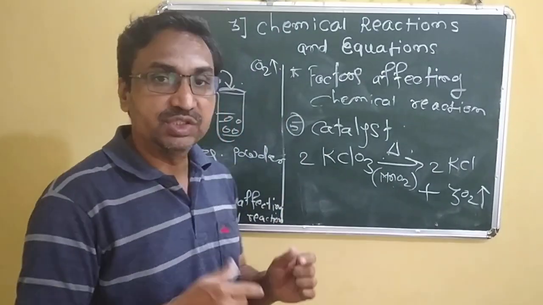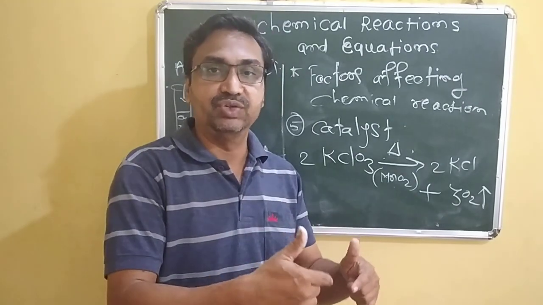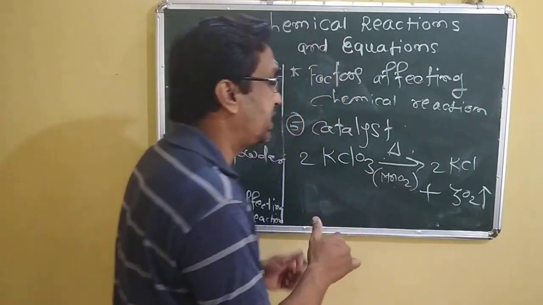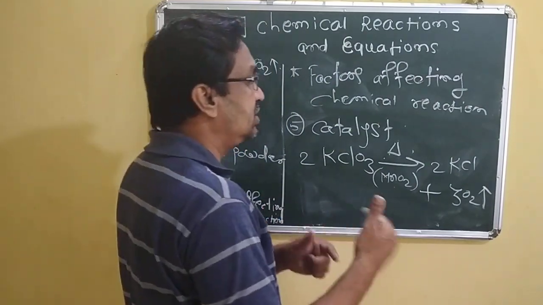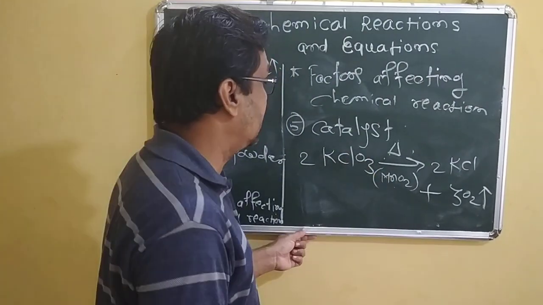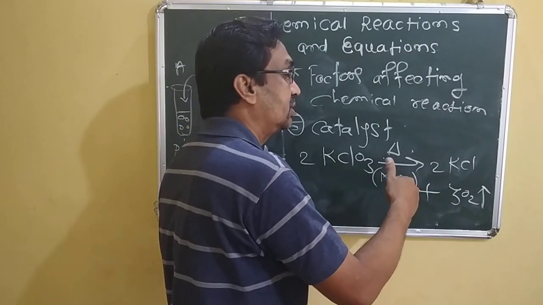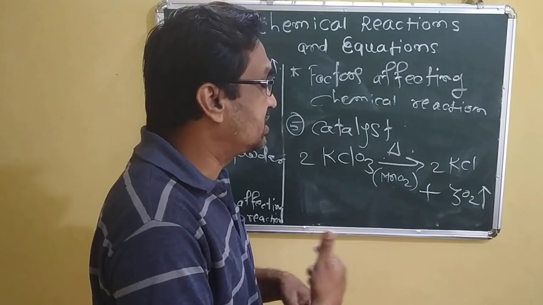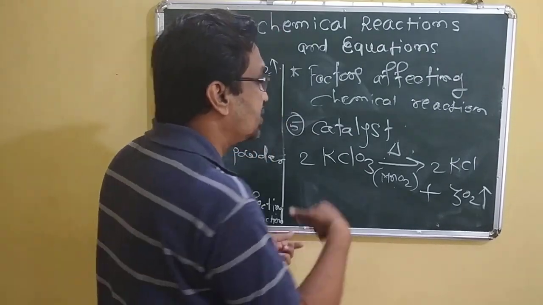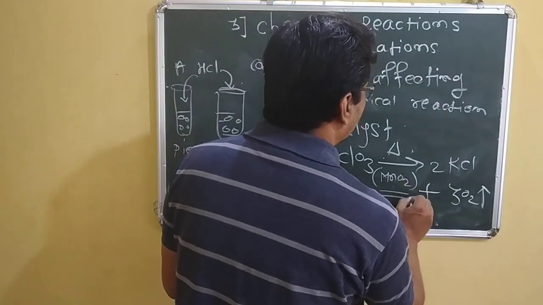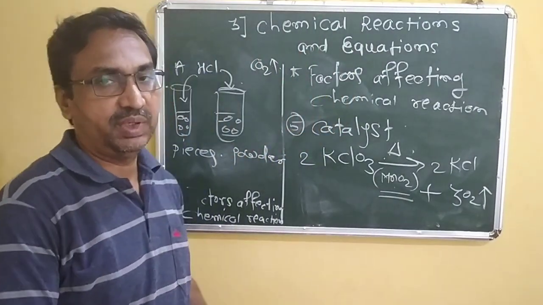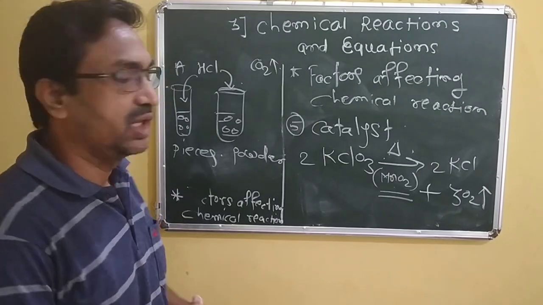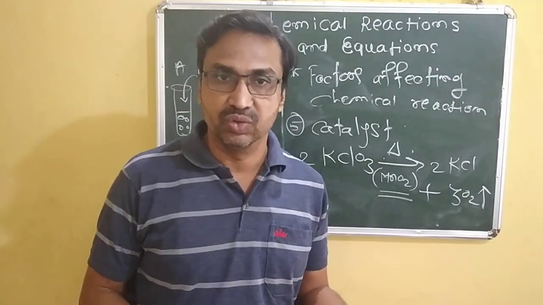The catalyst is the substance which does not take part in the chemical reaction, but its presence can change the rate of a chemical reaction. So the catalyst is one of the factors which can make a chemical reaction faster or slower.